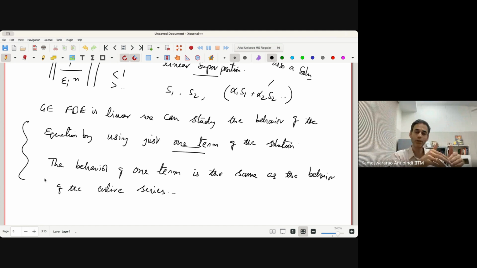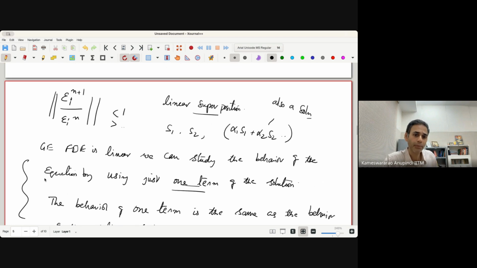So if one term is growing, then the entire solution will grow, because that term is part of the entire solution. The behavior of the series is the same as the behavior of one term. So we look at that one term, which will either grow or decay, and if it grows, then we say the system is unstable.